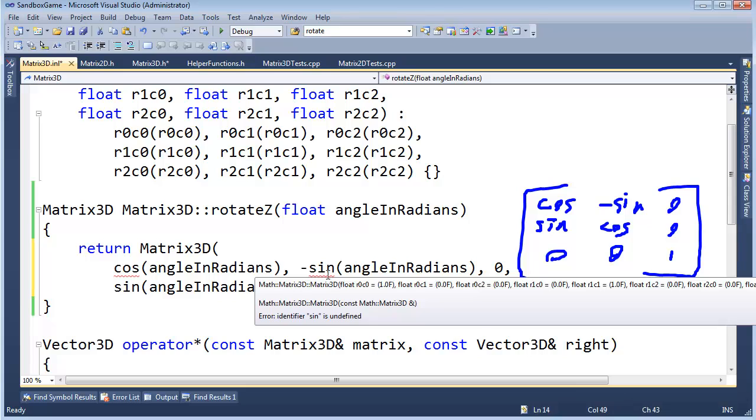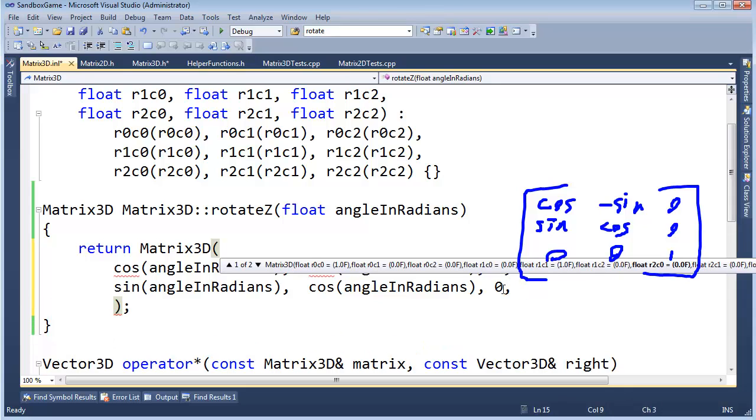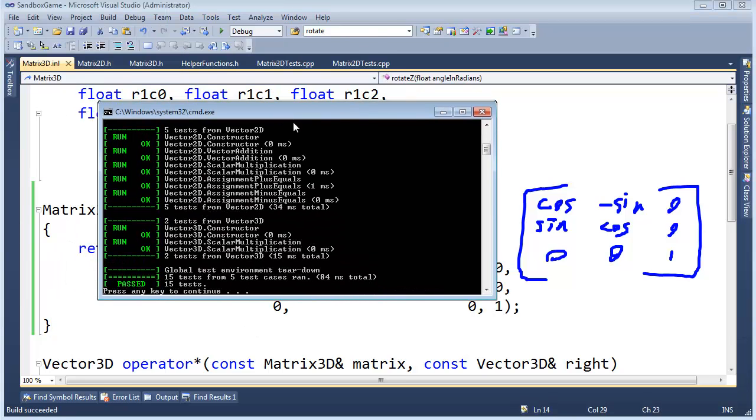That's going to be a 0. And then the next row is easy, 0, 0, 1. Let's just format this best we can. Control-Shift-B. Build started, build succeeded. Okay. Run it. Everything's green.